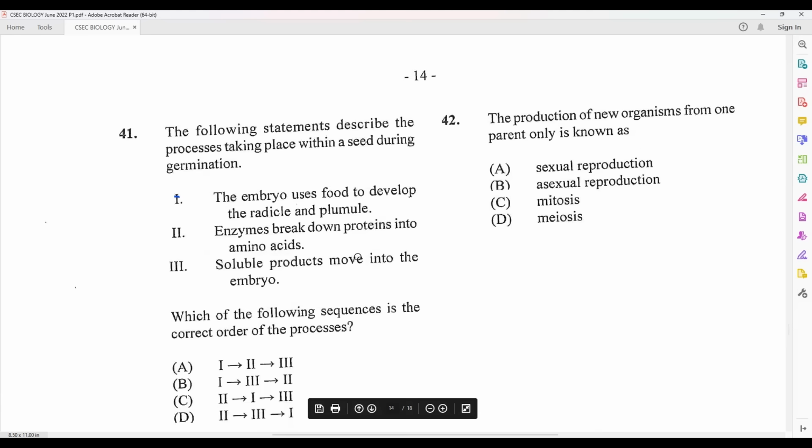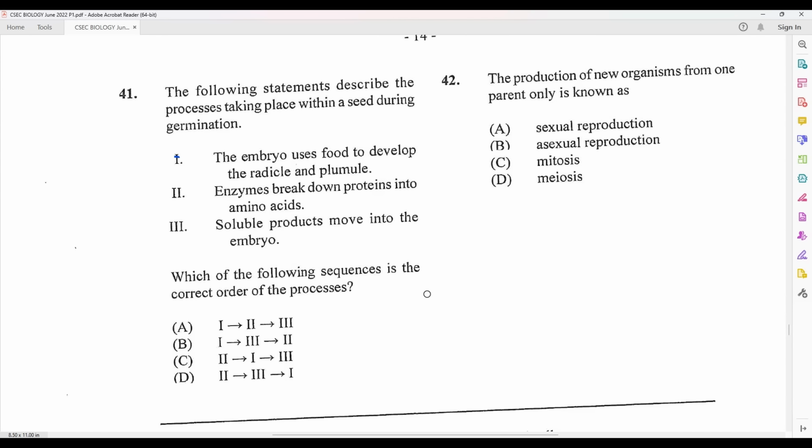The following statements describe the processes taking place within a seed during germination. We have 1, 2, and 3. Which of the following sequences is the correct order for the process? Now, we know with a seed, we need enzymes to break down the food stored in the cotyledons, whether it's a monocotyledon or dicotyledon, and those soluble products go in to be used in order for the parts of the seed to germinate.